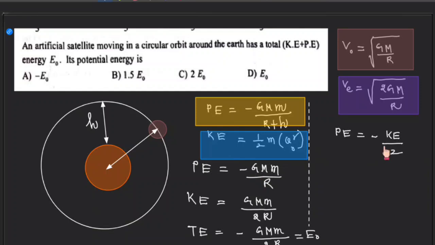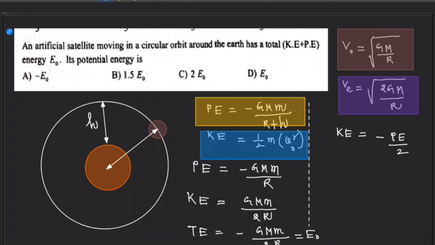No. So you could say kinetic energy is equal to minus, what is the kinetic energy here, right? G capital M small m by 2r, right? So you could say minus PE by 2. Kinetic energy is equal to minus PE by 2.